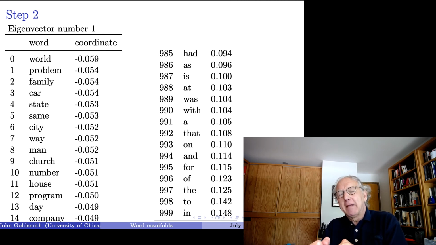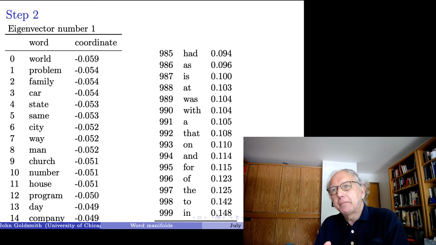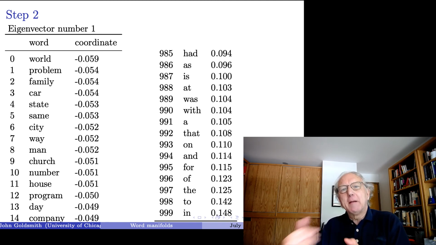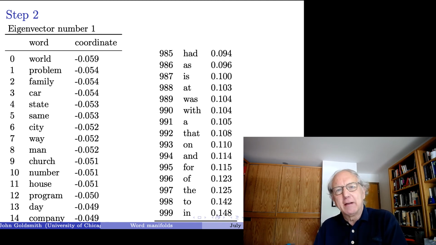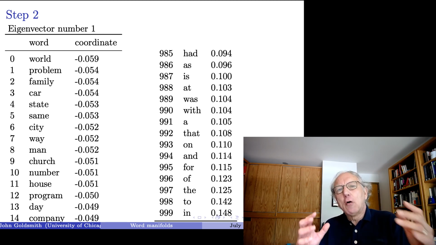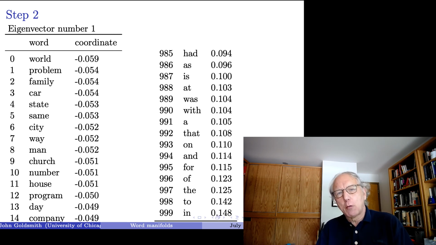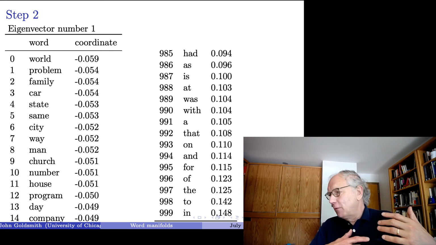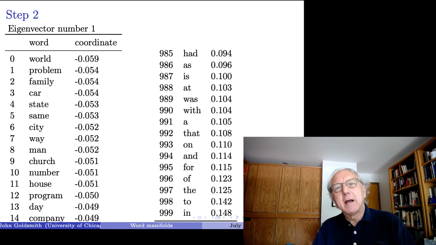Okay, there's one more thing I need to say about that zeroth eigenvector. The zeroth eigenvector assigns all positive numbers to all the coordinates. Okay? Actually, footnote, sometimes it can go either way. They can all be positive, or they could all be negative, because if you multiply an eigenvector by -1, it's still the same direction, and it's still an eigenvector.